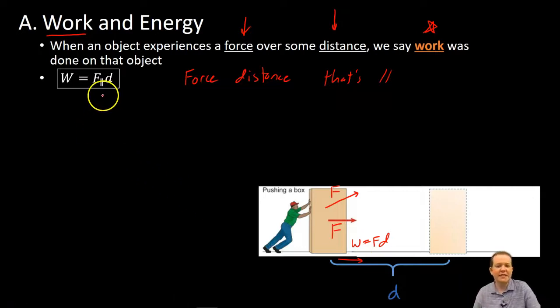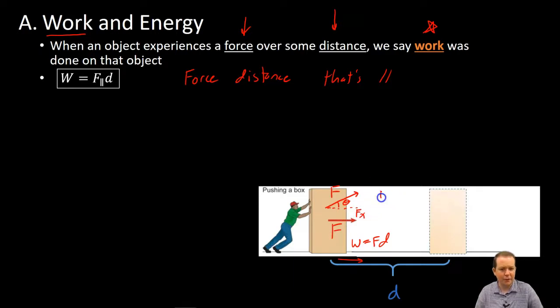Well, I still use this equation, but so we're all on the same page, we're going to use the parallel component. So we are using components in this new energy section, but for a different reason. If we knew the angle of this pushing force, let's call that theta, we would want to find Fx.